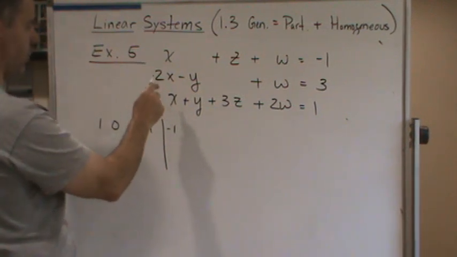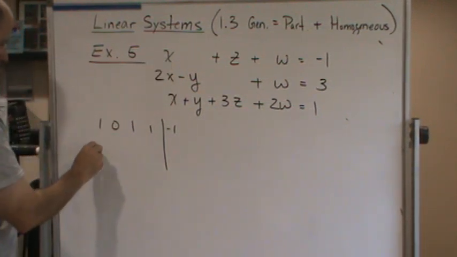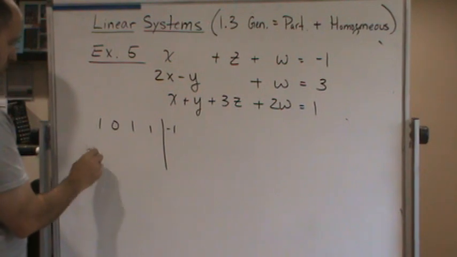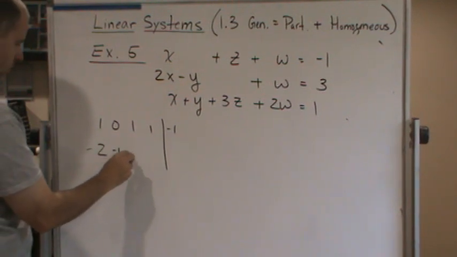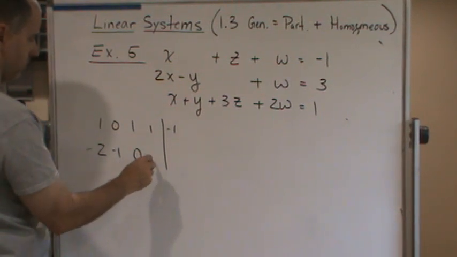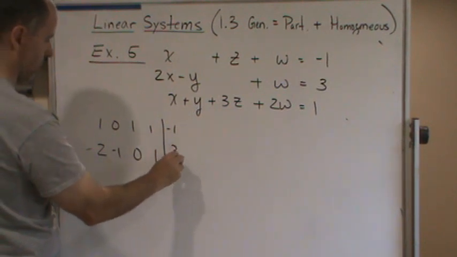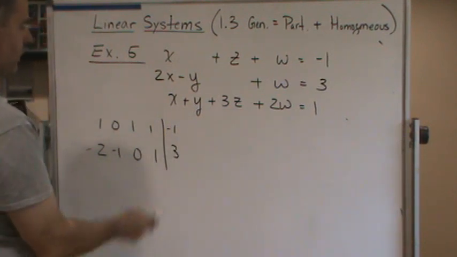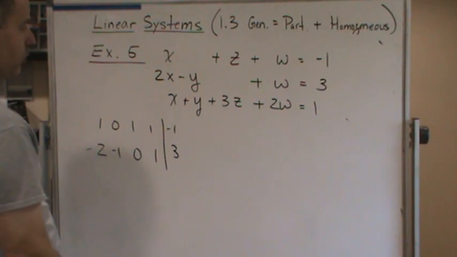Then we got 2, negative 1, 0, 1, 3. And then we got 1, 1, 3, 2, 1.